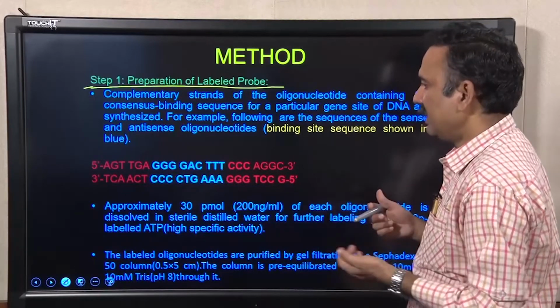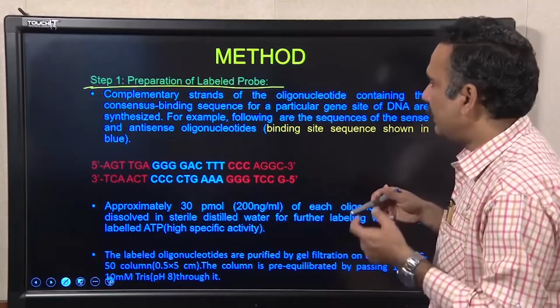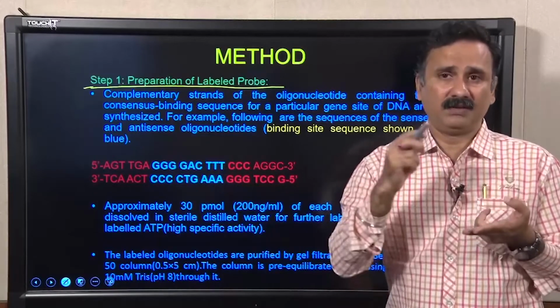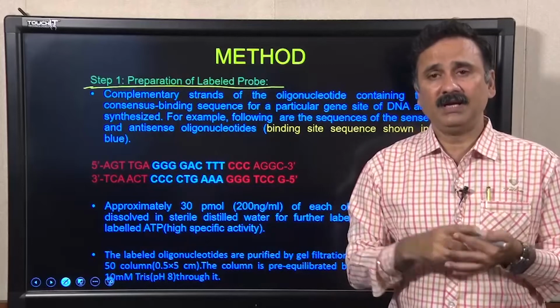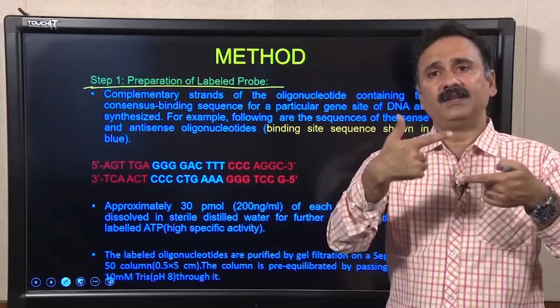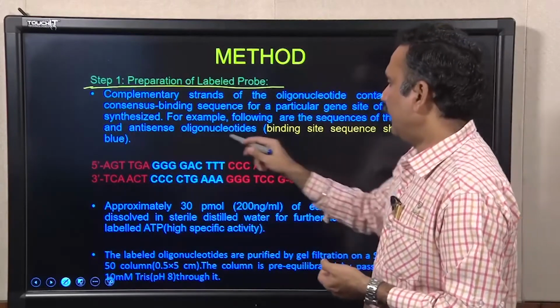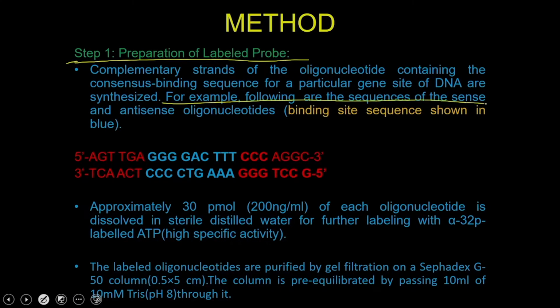ATP to the oligonucleotides. Here you take two oligonucleotides, one is the sense oligonucleotide, the other one is the antisense oligonucleotide, so that you can design a double stranded DNA. For example, we have given you a sequence of the sense and antisense oligonucleotides.